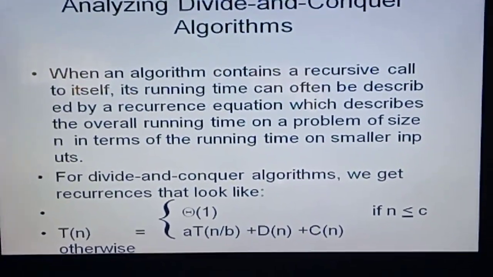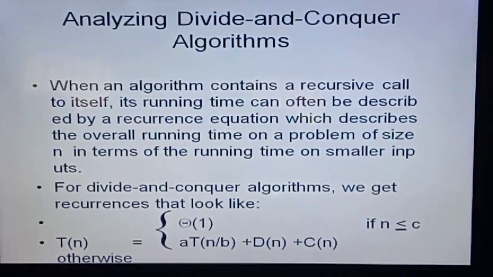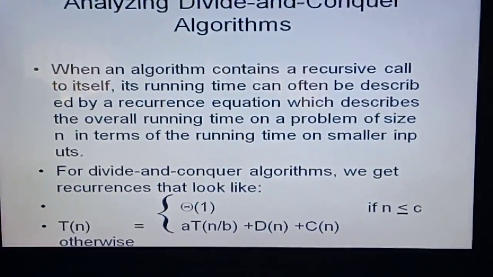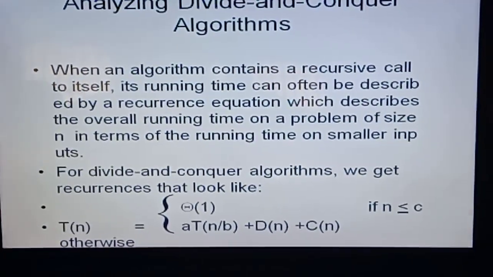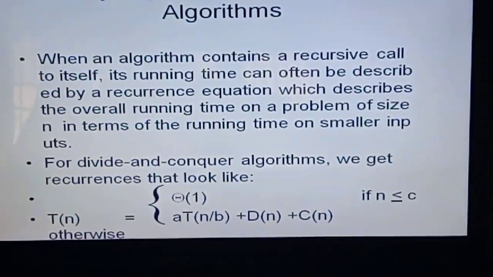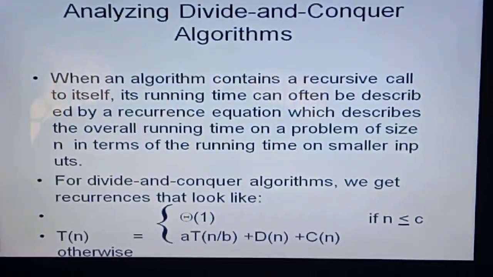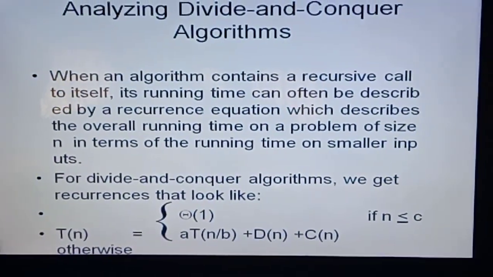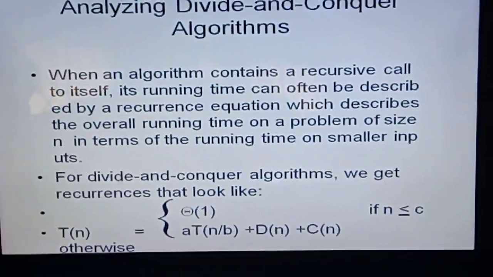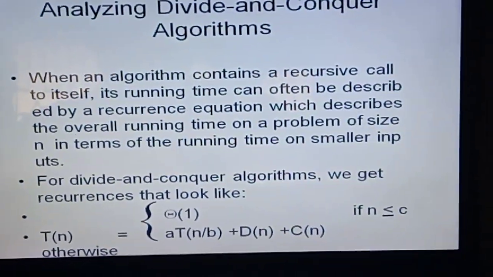For divide and conquer algorithms, we get recurrences that look like: the time complexity T(n) equals theta of 1 if n is less than or equal to c, that is only for one element. If n is greater than 1, a T(n/b) plus D(n) plus C(n).